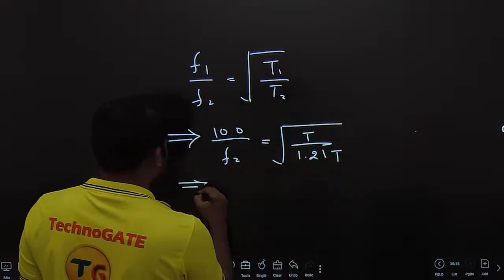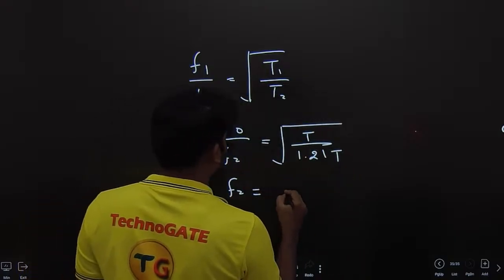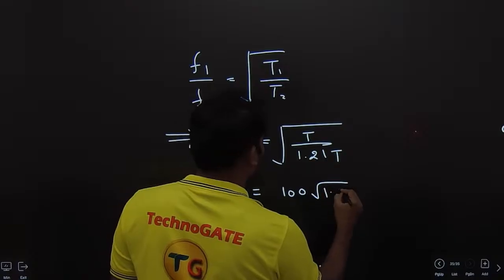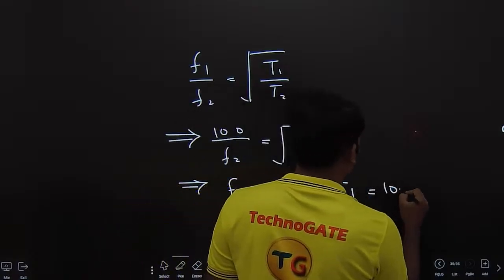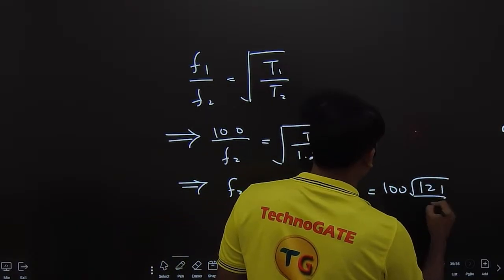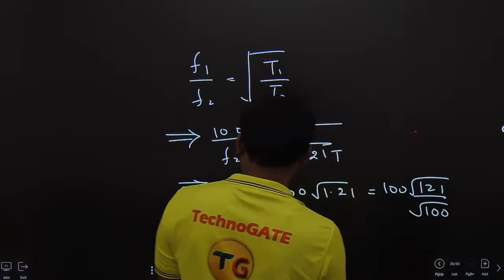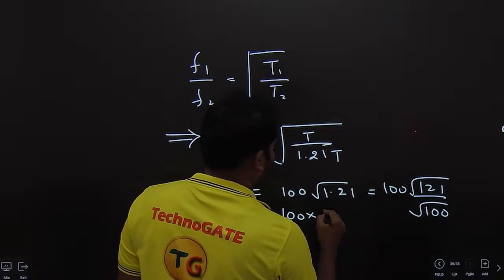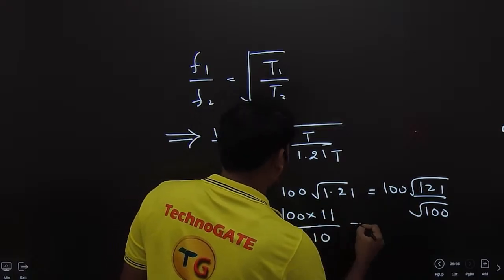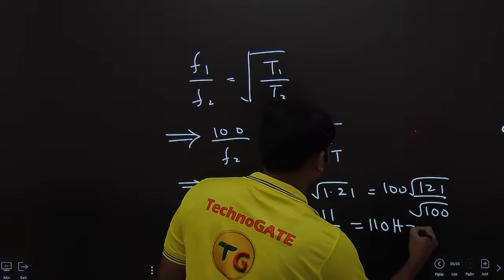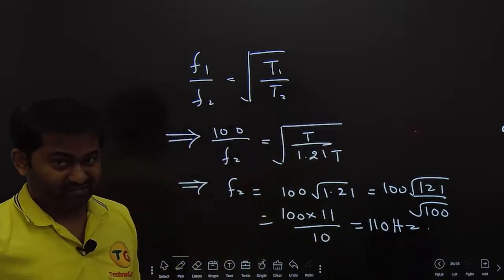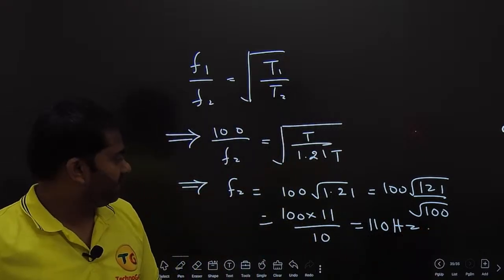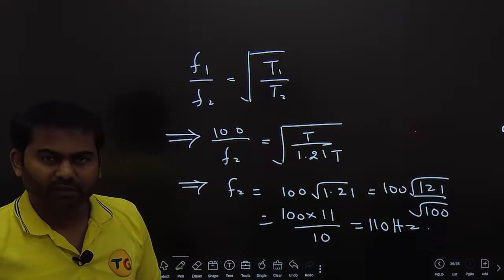So this gives us f2 value is equal to 100 into square root of 1.21. This comes out to be 100 into square root of 121 by square root of 100, which is 100 into 11 by 10. This is coming out to be 110 Hz. You should know that the square root of 121 is 11, otherwise time gets wasted. So 110 Hz is the final answer here.